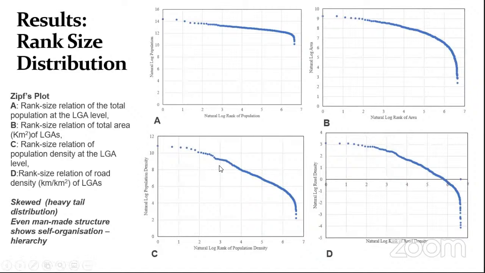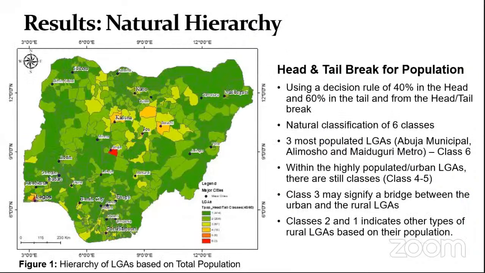Clearly, it means that putting all these local governments into just two classes is not adequate. There is a self-organization or hierarchy in the distribution, as we can see from this rank-size distribution. So this is evident that two classes is not adequate if we want to develop in an equitable or sustainable way.